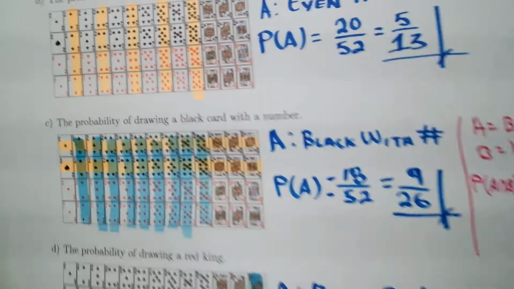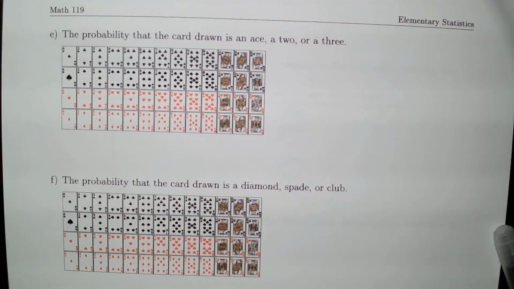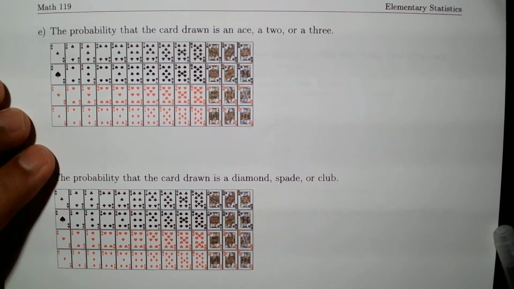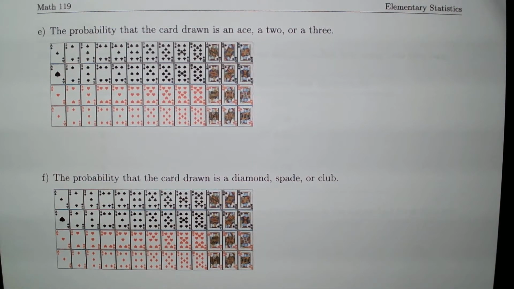Let's look at the next page to see what do we have. So the probability that a card drawn is an ace, a 2, or a 3. So I'm going to define 3 events in this case. We'll use a different color this time.